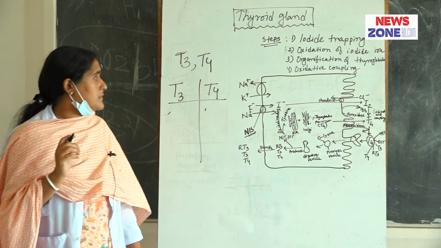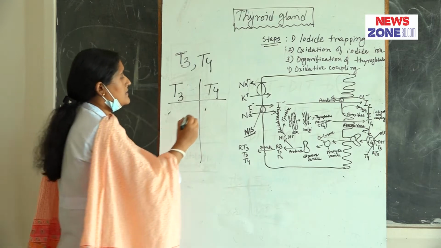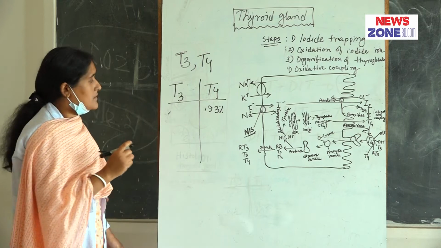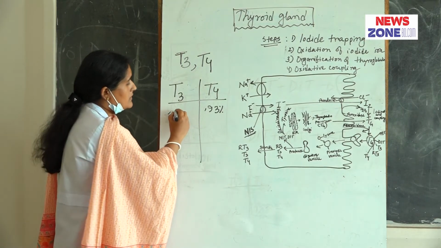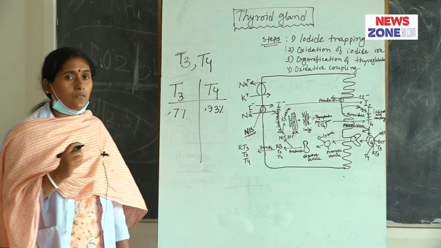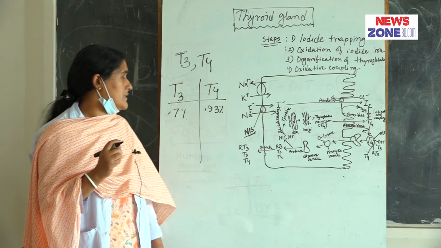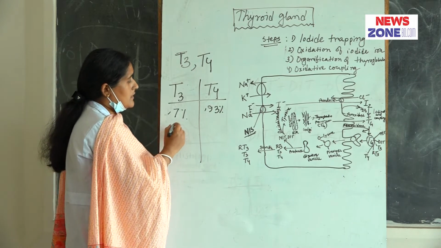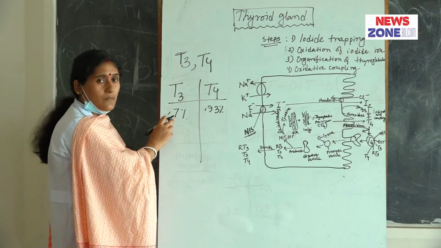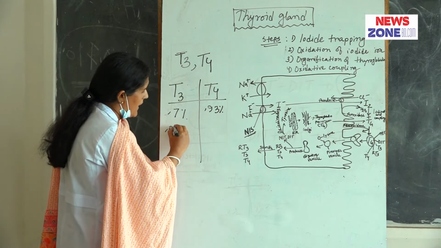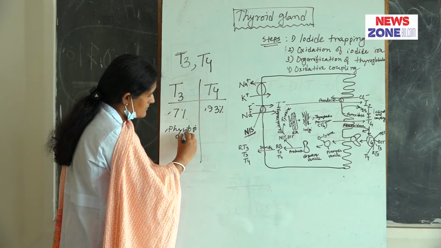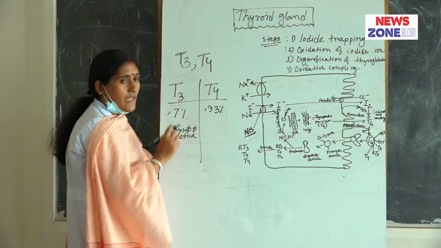The follicular cell of the thyroid gland secretes 93% T4, that is thyroxine, and only 7% T3. Secretion of T3 is less, but physiologically T3 is the active one.